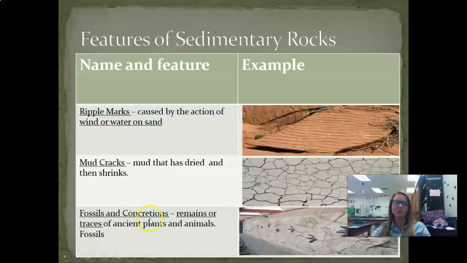And then our more interesting ones, I always feel, are our fossils and our coronations, which just means that we can see traces of living organic material that was once there. And this is a great example of dinosaur footprints or whatever it may have been. So sedimentary rocks have a lot more organic value to them, and that's what we're going to focus in on: how can we see those organic materials? So hopefully this was helpful. We'll take a look at our sedimentary rocks when you get into class.